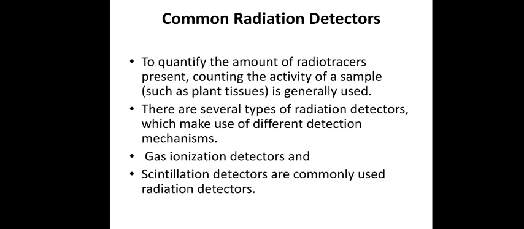Here you can quantify, and that's very important. You are going to quantify a chemical of your interest by using a radiotracer. But you should know which radiotracer you are using, whether it is complementary to the chemical of your interest, and you should also have a detection method or detector.